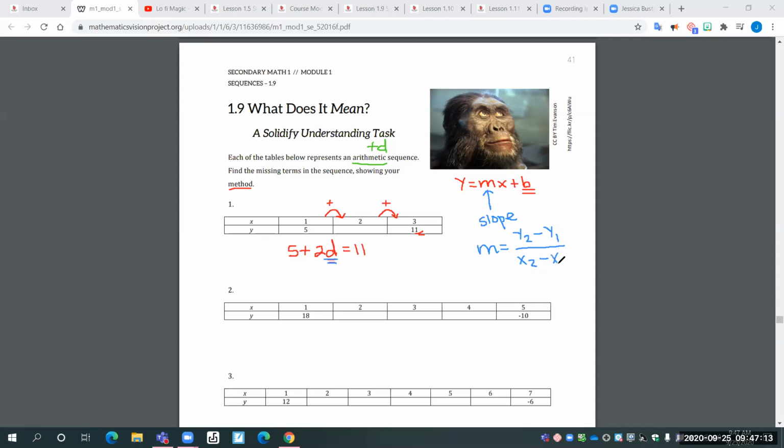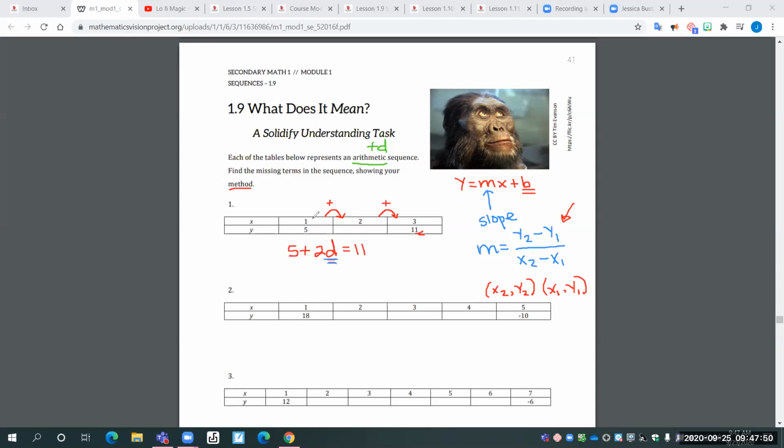That's what those subnotations mean. On a graph, if you had two points, x sub 2 comma y sub 2, and another point, x sub 1 comma y sub 1, and you wanted to find the slope between them, you could plug the values into this formula and find the slope.